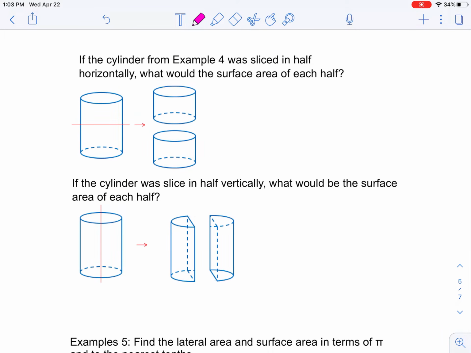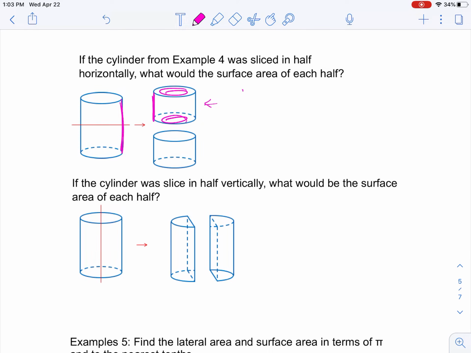So notice I have one example of a cylinder, and then I just have something to bring up here. What I want you to notice is, if the cylinder from example 4 was sliced in half horizontally, what would the surface area of this be? Realize when you're looking at this, you still have two bases. So we're still going to keep our two bases, but the lateral area is half of this right here.